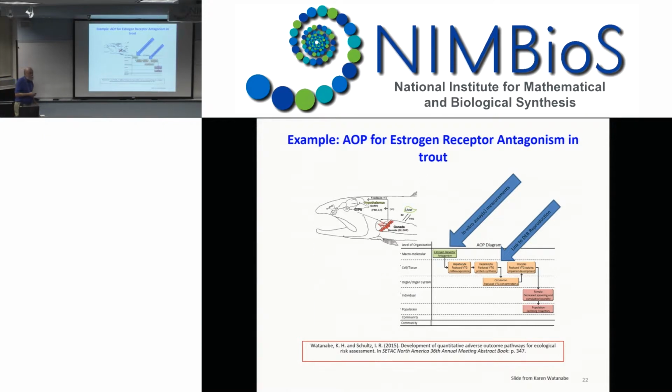And this slide, which anyone who was at CTAC last year may recall, illustrates an example again from the Nimbus working group.